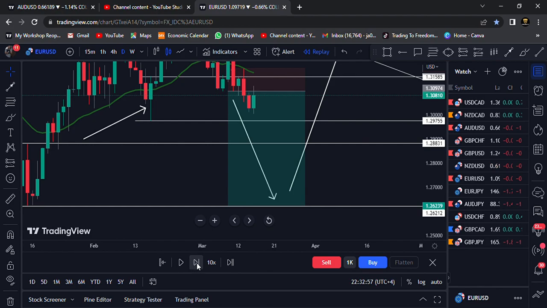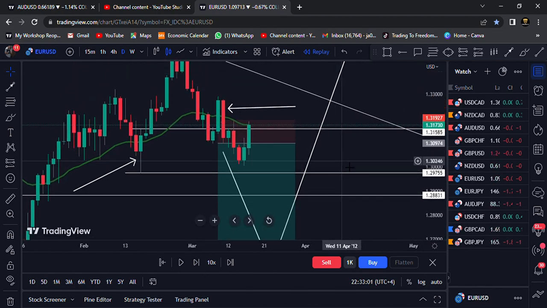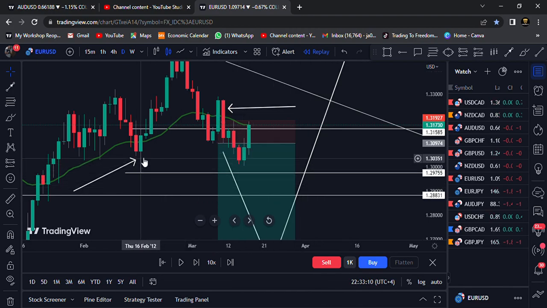So it was a good thing we got out here, because this was already a buy signal confirming that this buy here is still very powerful.